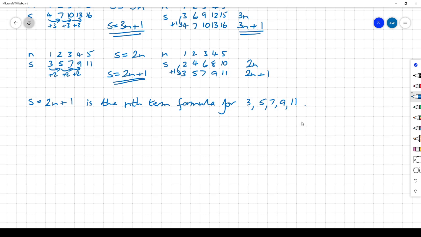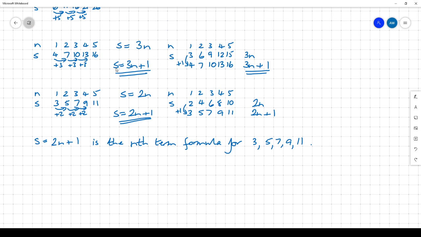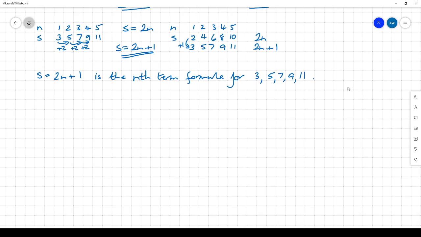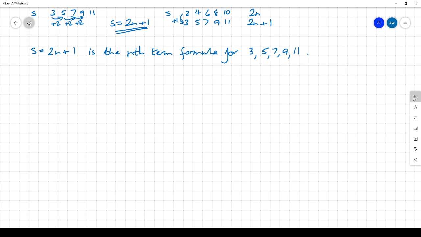So that's what we found out just now. And earlier on, s equals 3n plus 1 is the nth term formula for 4, 7, 10, 13, 16 and so on. Okay? Let's move this back up and look at one more example and see if you can do it. Okay, so I just give you the sequence. So here's the sequence S.